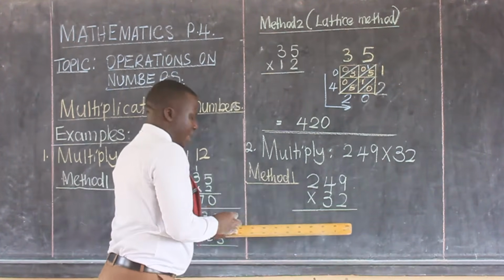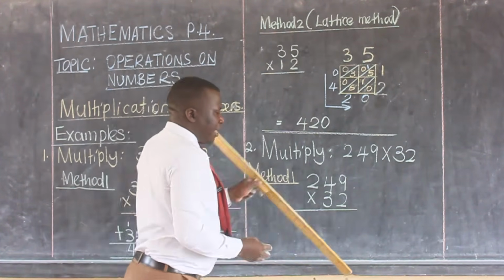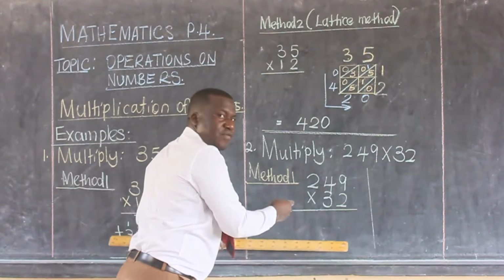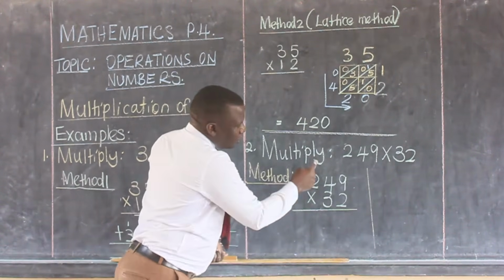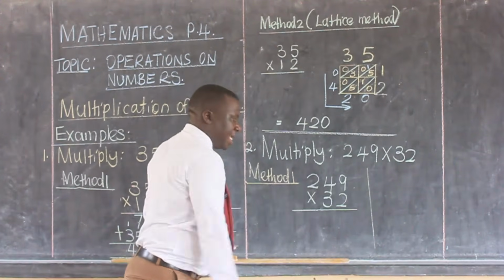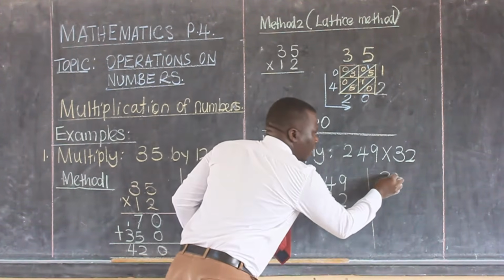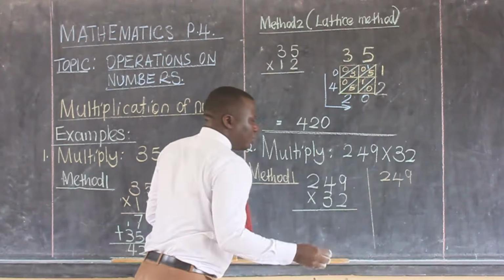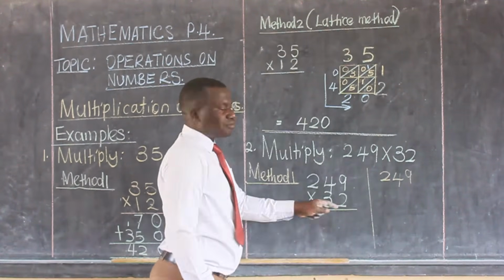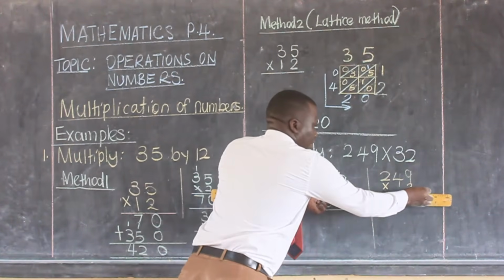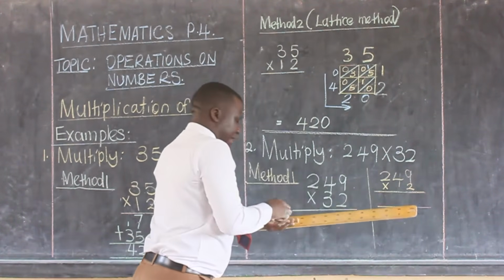Okay? So, remember I told you in our first method that we shall first multiply 249 by 2 alone. And what will we get there?